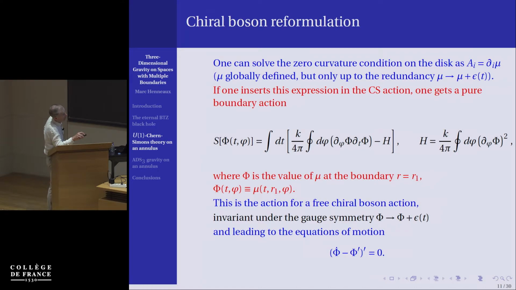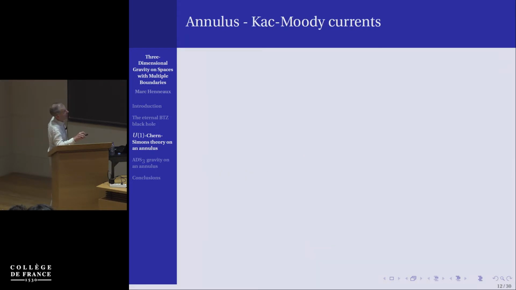So if I shift phi by something that depends only on time, I will get something that can be integrated, that will depend only on time, so it does not depend on phi, goes out of the integral, and then I get the zero mode, which integrates to 0, and phi prime is invariant under that, so that's clearly invariant. So indeed, we get this gauge symmetry.